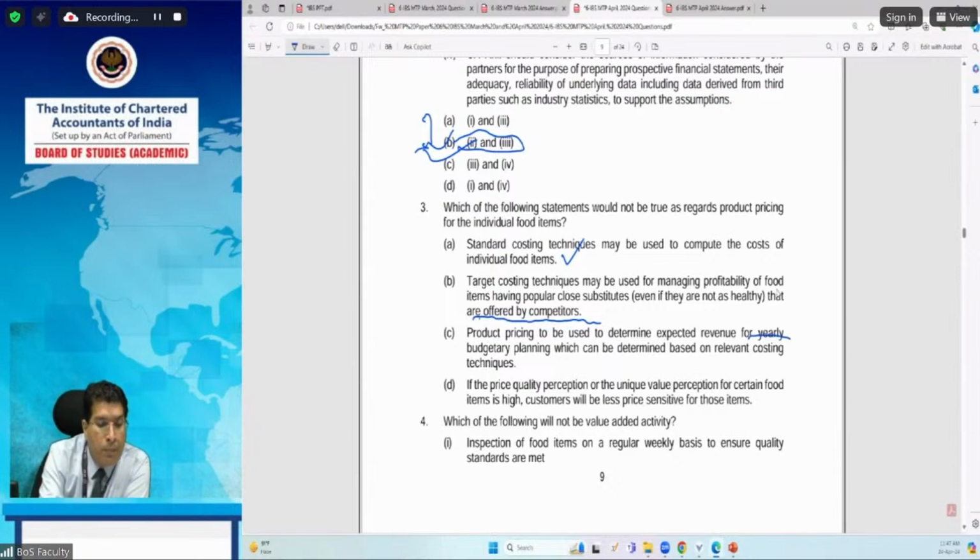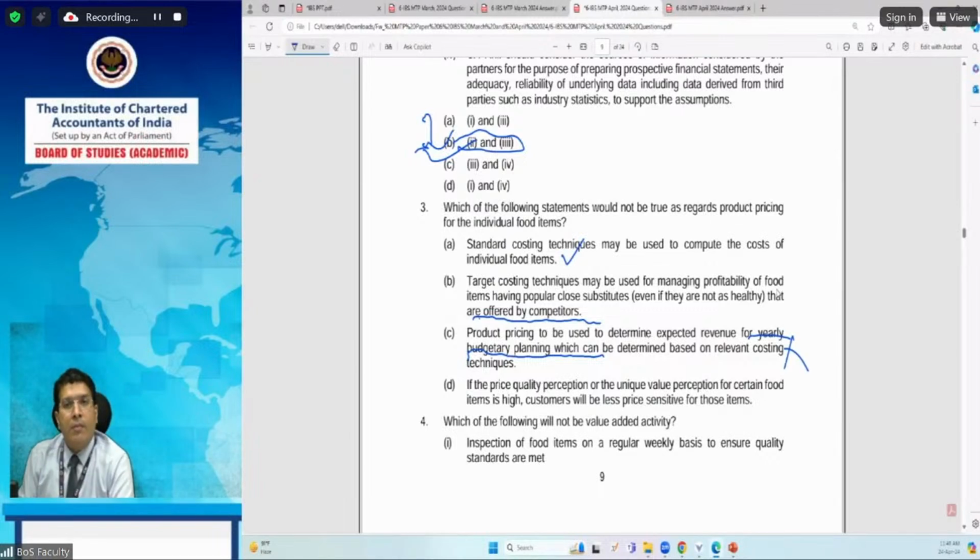Since we are doing pricing for yearly budgetary planning also, that's why this point is incorrect. Pricing through relevant costing is possible, but only for short term, not for long term or for budgetary purpose.